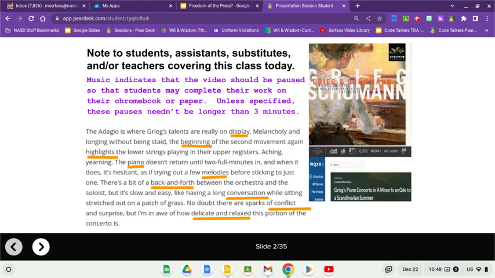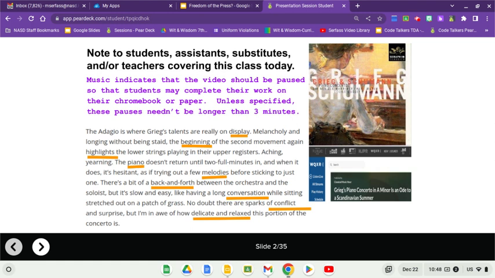The adagio is where Grieg's talents are really on display, melancholy and longing without being stayed. The second movement, again, the lower strings playing in their upper registers, aching, yearning. The theme doesn't return until 2 full minutes in. And when it does, it's hesitant, as if trying out a few before sticking to just one.